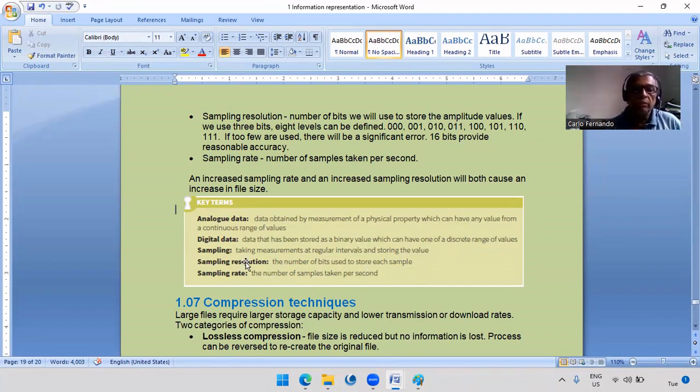Remember the image resolution? That's also called color depth, the number of bits used to store each pixel. And the bit depth is the number of bits used to describe each primary color. So sampling rate is the number of samples taken per second.